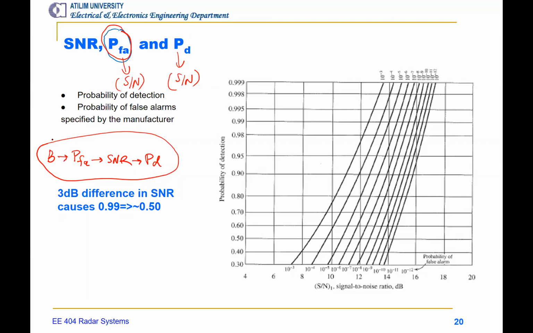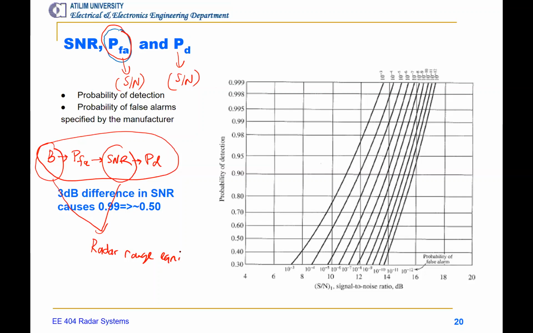Now, note that SNR and bandwidth are simply given in the radar range equation. So we simply go from probability of false alarm and probability of detection to the radar range equation through SNR and bandwidth.